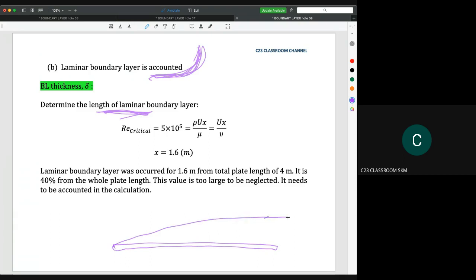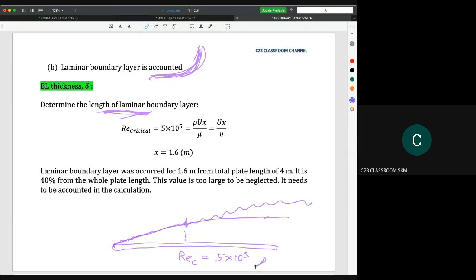And then we know that the molecules flow from left to right in laminar, and then at a certain point it will become turbulent. So this point is actually the critical Reynolds number, Re critical. And Re critical here, normally, if not given, you may take it to be equal to 5 times 10 to the power of 5.